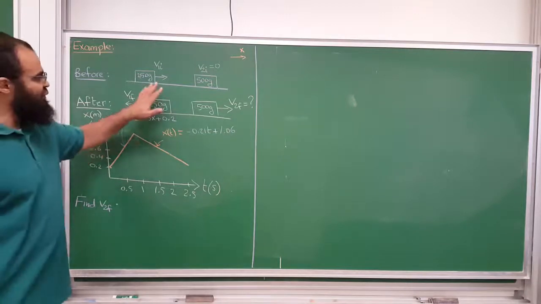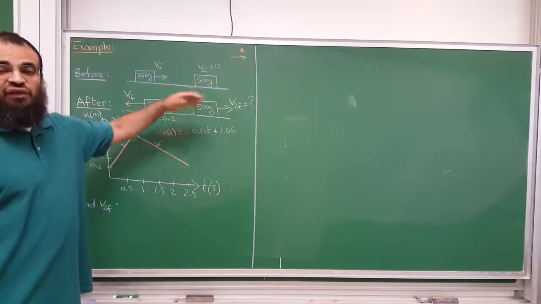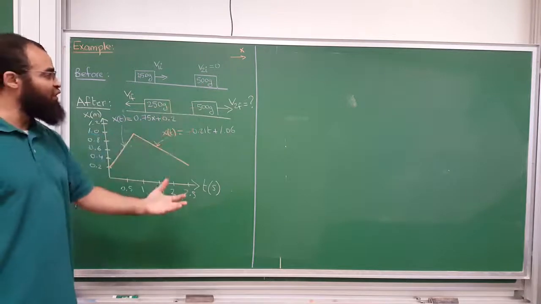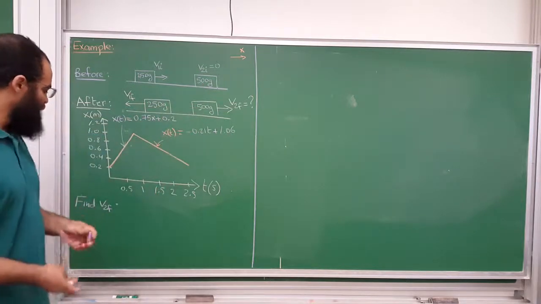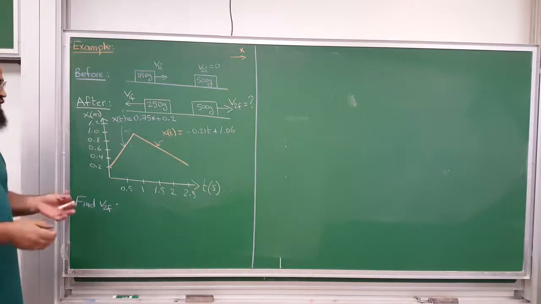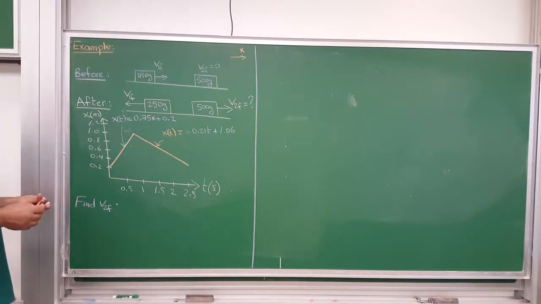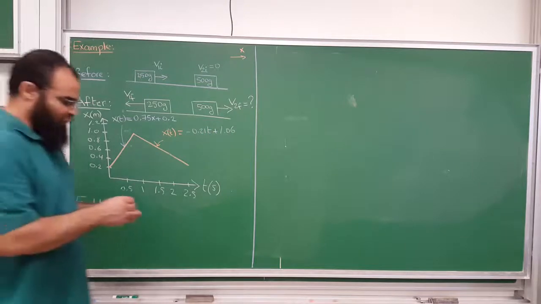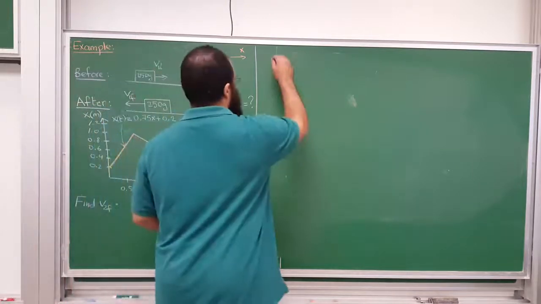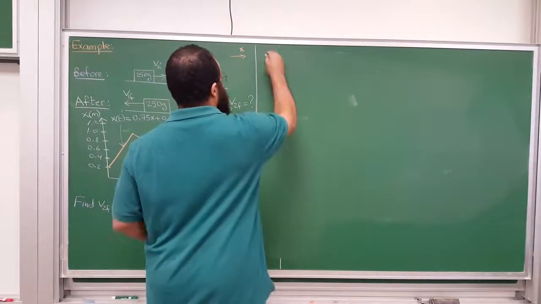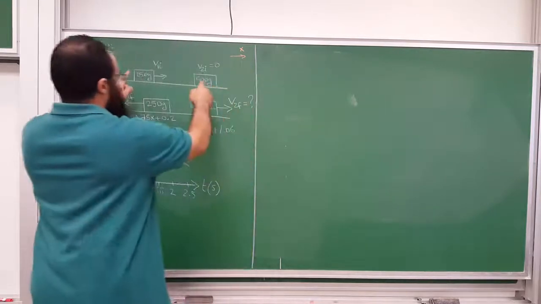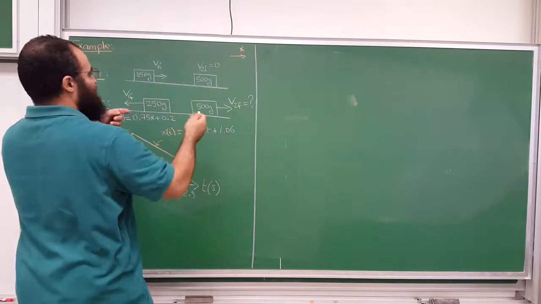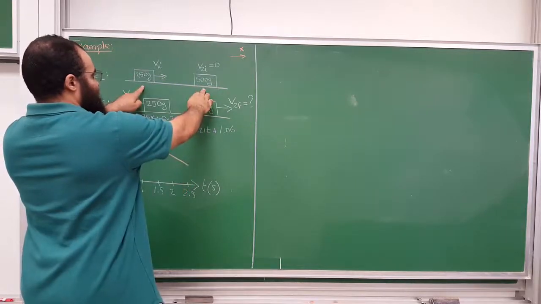So our system will be this object plus this object, and their momentum as a total will be conserved, again, because the net external force is equal to 0. Now, I will write down that the momentum is conserved. So use conservation of momentum. Our system will be the two objects together.